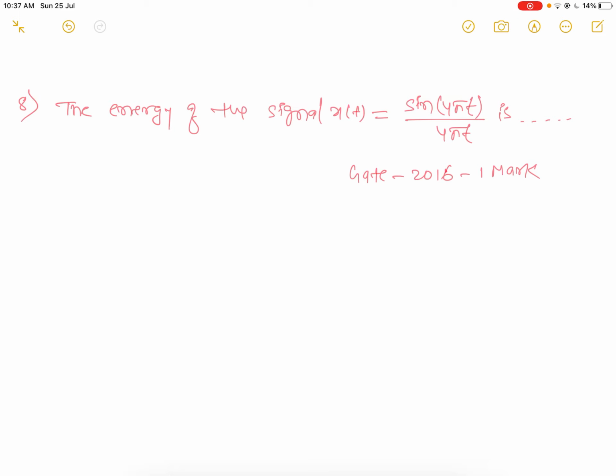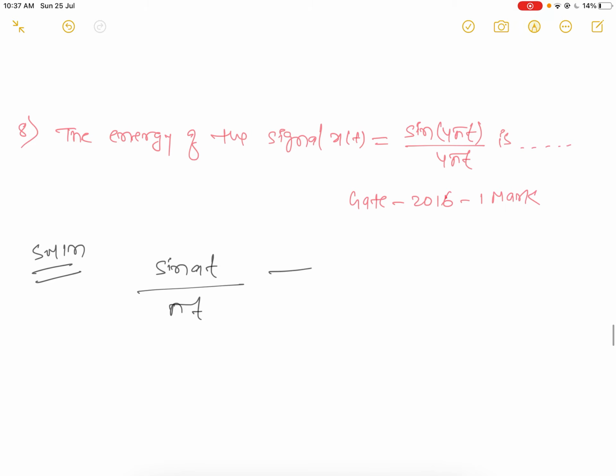The energy of signal xt is equal to sine 4 pi t upon 4 pi t. So this one is also a sinc signal. Okay. So we know that sine at upon pi t has a Fourier transform equal to 1 from minus a to a, in omega.